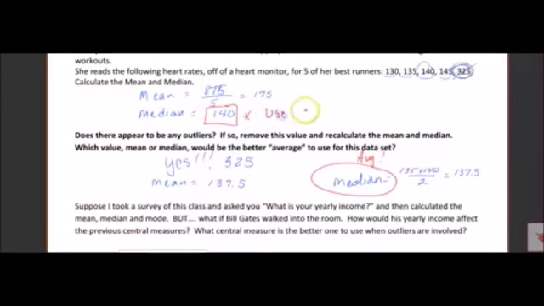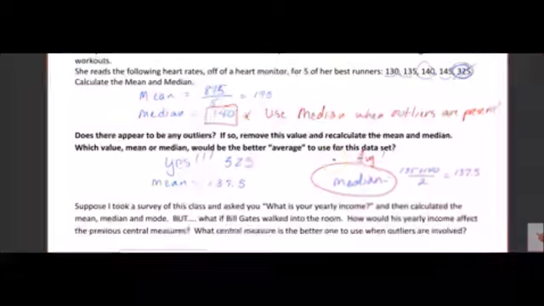So we'll use the median when outliers are present. We're not going to take the time to throw out the outlier and recalculate the data. We're just going to make our calculations, mean and median, and if we notice there's an outlier, we're just going to take the average as the median.